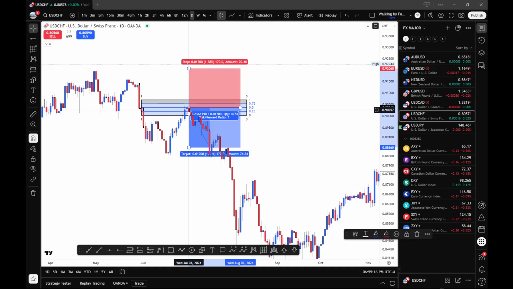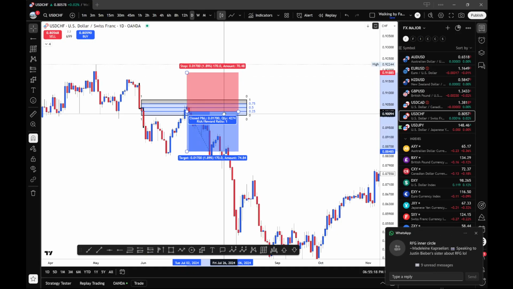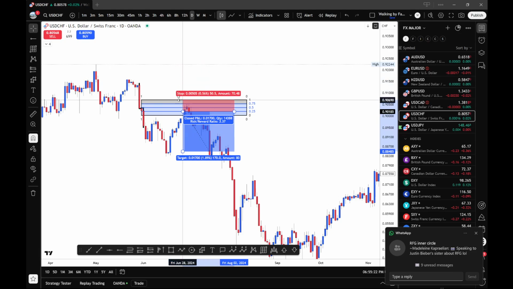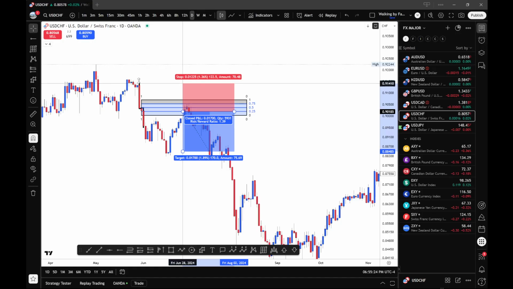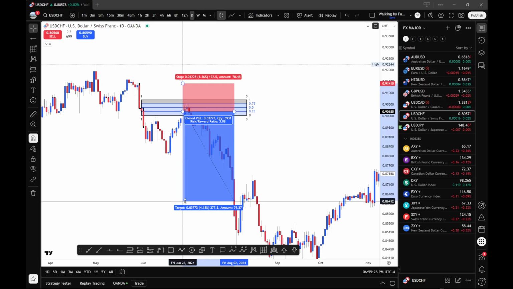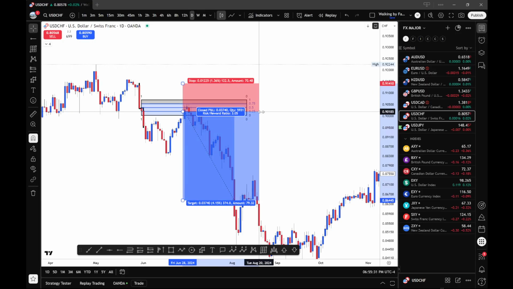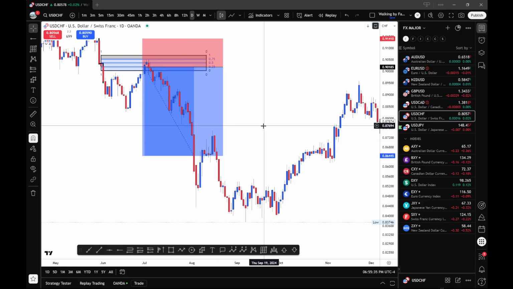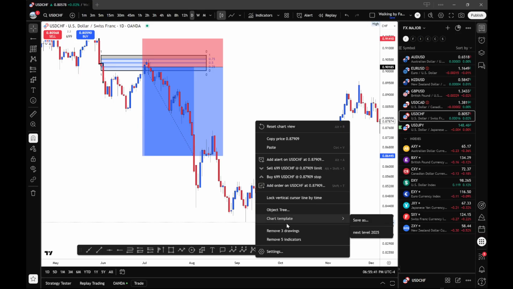That would have been right there. My stop loss would have been above the high, so it would have been that one, and then at least a 1 to 3. And you can see that we crushed it, family. There we go. Boom. Another win by using the drop-base-drop method. Lovely.